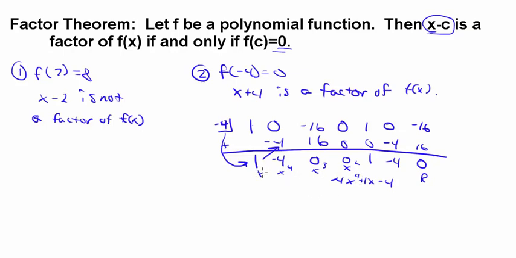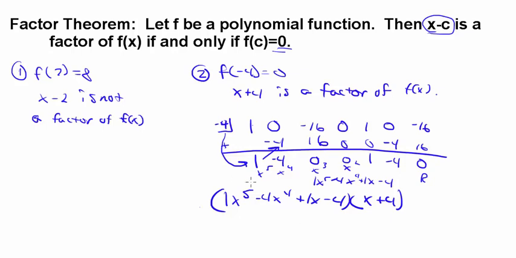And finally, this is my x to the 5th, so that's 1x to the 5th. What that means is that this function that we wrote out previously in problem number 2 can be written as 1x to the 5th minus 4x to the 4th plus 1x minus 4, times x plus 4. And this is going to become really important when we start actually solving this.